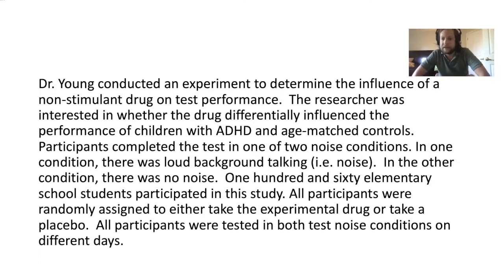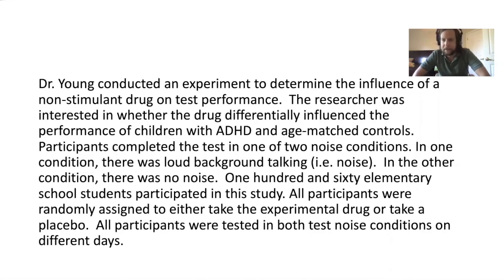Once again, these participant characteristics like biological sex or type of diagnosis, whether you have ADHD or not, or whether you have an anxiety disorder or not, are basically by definition a between subjects factor, because you can't both have ADHD and not have ADHD on the same day or at the same time.